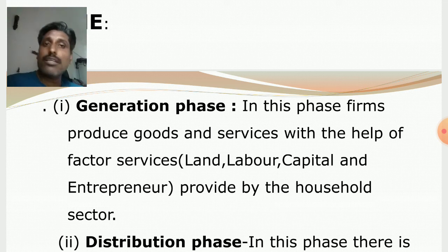Then the farm sector sells these goods and services in the market and earns money. So it is the income generation of the farm sector. Just to remember, generation phase means generating goods and services, by using the factor services provided by the household sector.